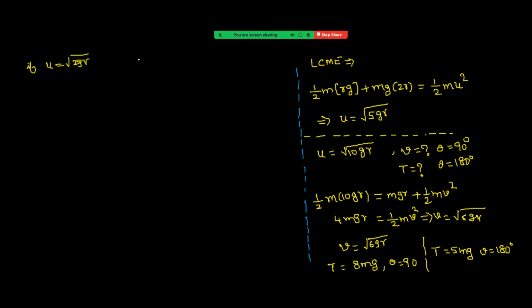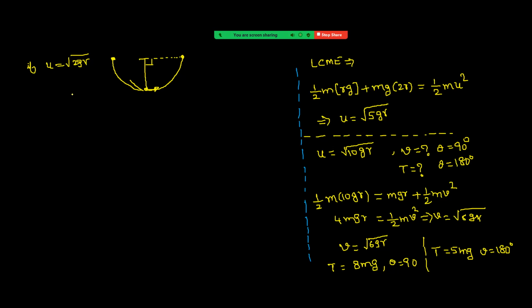So when we are giving velocity root of 2gr, it is able to complete the circle only up to this level. That means string becomes horizontal. So at this instant, velocity becomes zero.